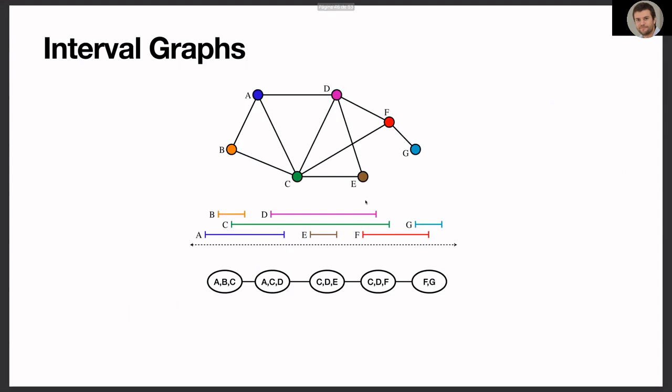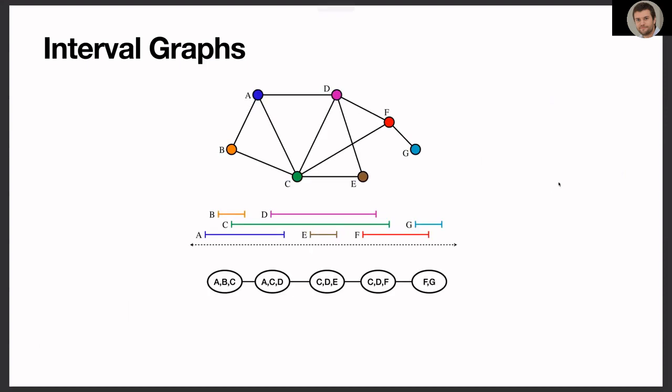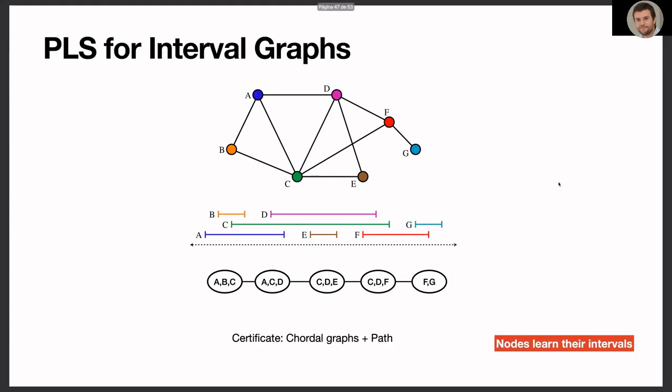So for interval graphs, we can use this construction very easily, just because an interval graph can be seen as a chordal graph where the clique tree is a path. So we just use the certification for chordal graphs, but we also check that the given clique tree is in fact a path, and that's all. The certification here is fairly simple.